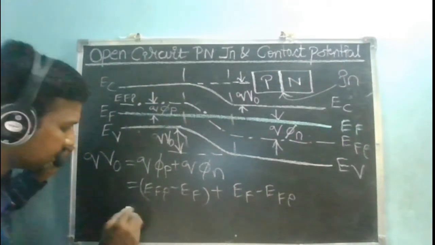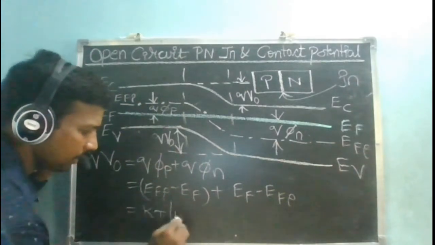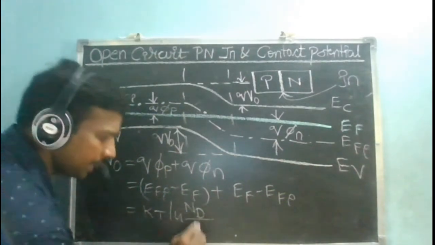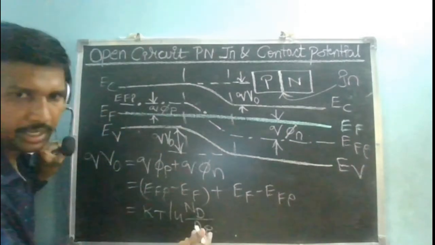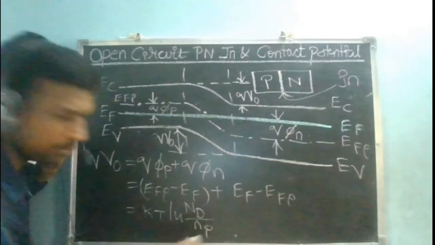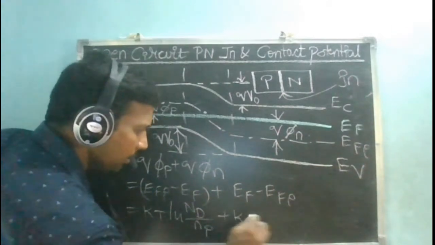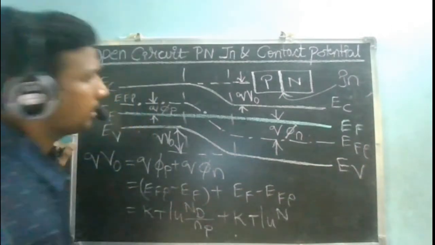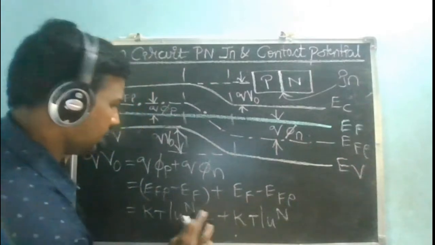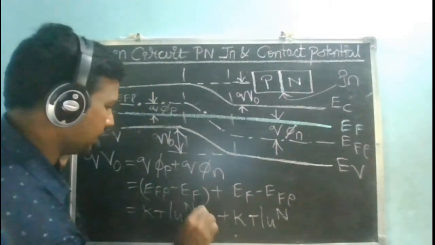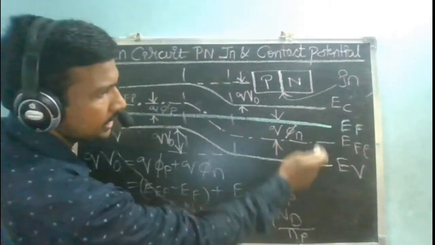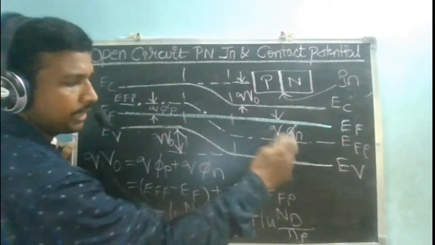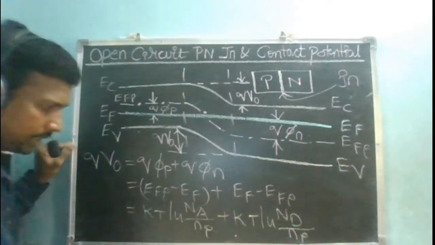So I can write it as kT ln Nd by Ni, or N by Ni where N is equal to Nd if Nd is much greater than Ni, plus kT ln Na by Ni. EF minus EFi belongs to N type, so that is why it is Nd.